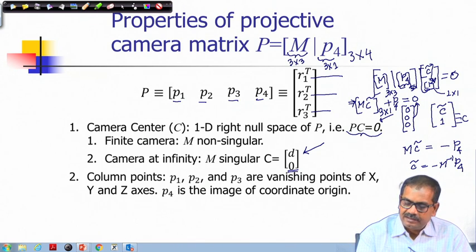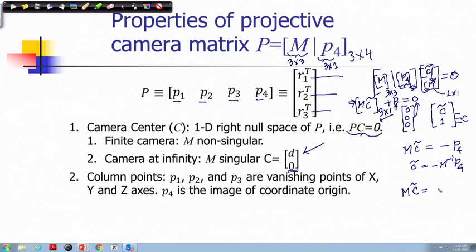So we can compute that value. In that case we will have M C tilde equal to D. That is how we can compute it; we can find it from the expression itself. When your center is in the form of D, 0, this P4 becomes 0.